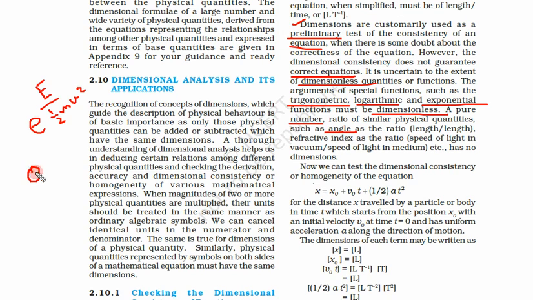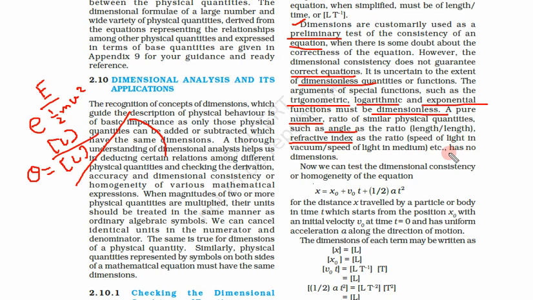What we have learned in the case of angle, angle was arc upon radius. So arc is also length and this radius is also length. So this angle in radian does not have any dimension. So in this way we check the refractive index of any optical object like water or glass. This also must not have any dimension.